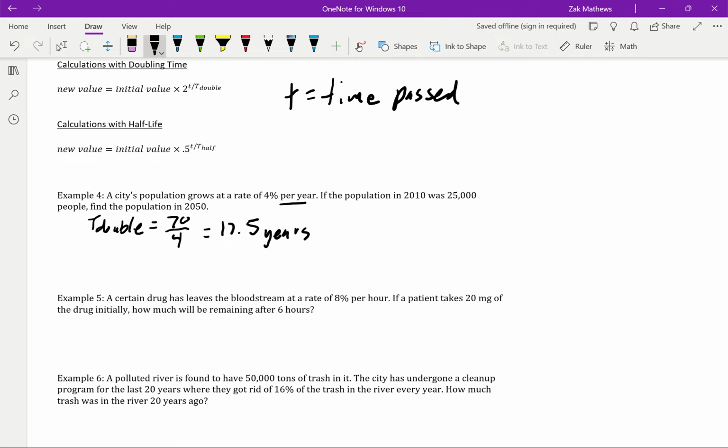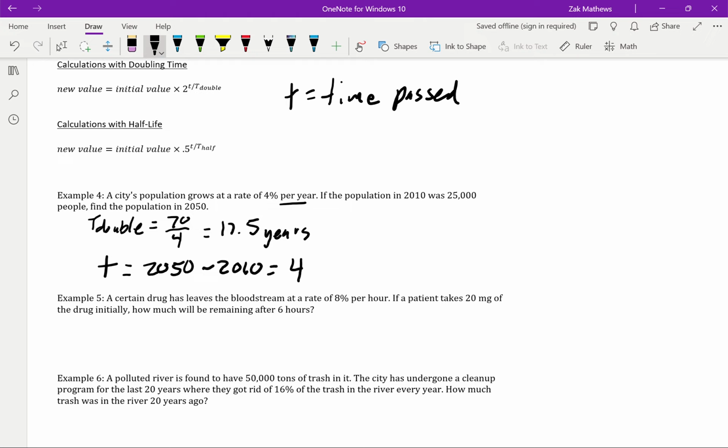I want to know how many people there will be, the new value, in 2050. So I'm going to be looking for this part of my equation. I have the t double, but I don't have little t yet. Little t is the time that's passed. So little t is going to have to be equal to 2050, when we want to know, minus 2010, where our first population number was given.